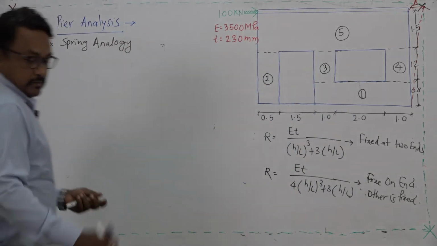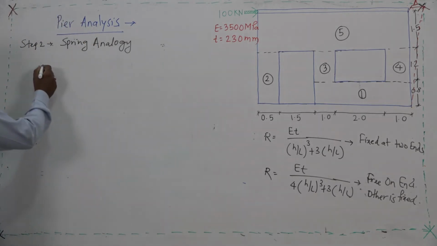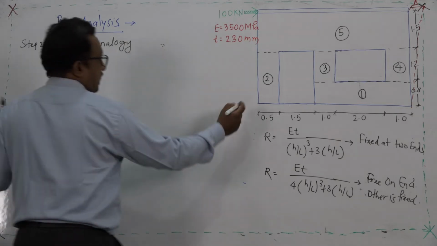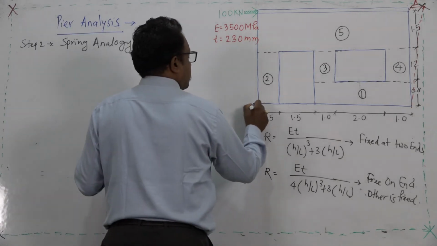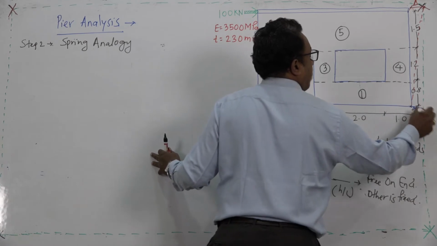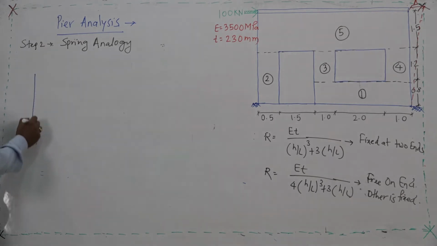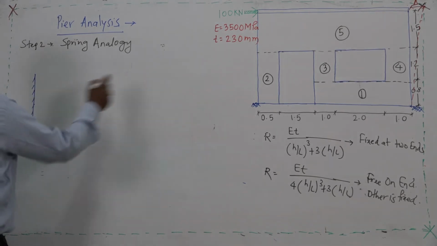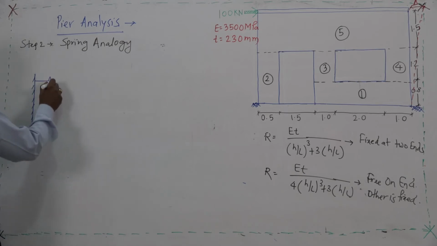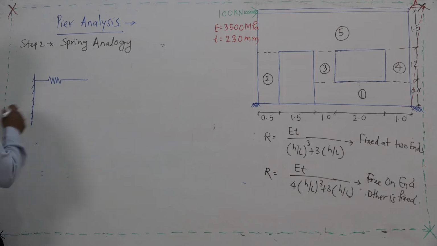So, I will draw the sketch. So, we will start from the bottom side. So, bottom side, this is resting on ground. So, I will consider this. So, the stiffness of first pier I will consider here.